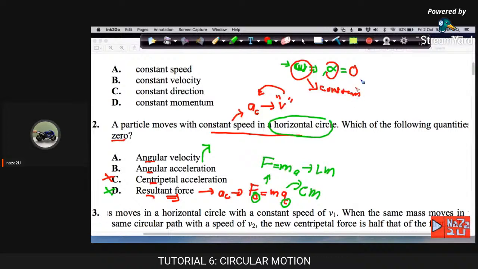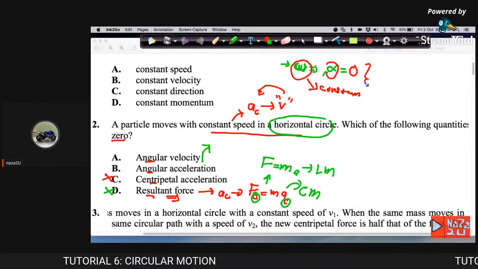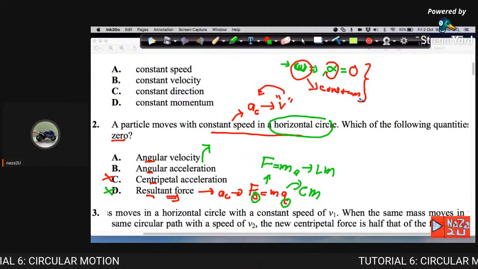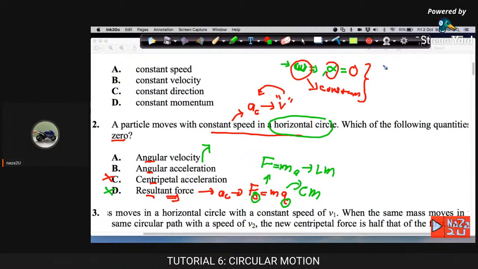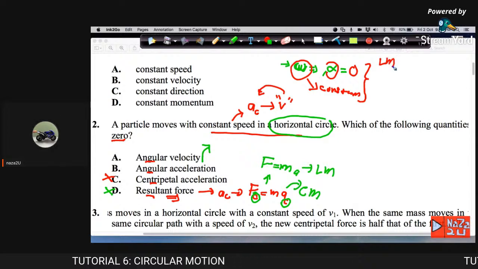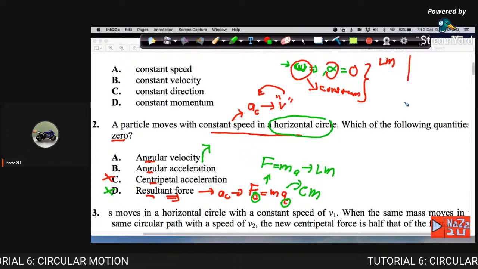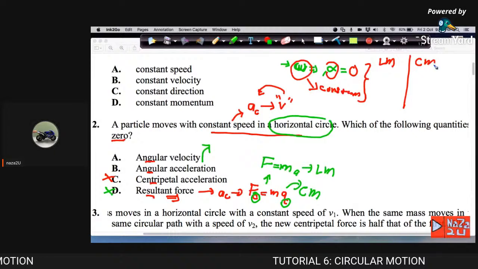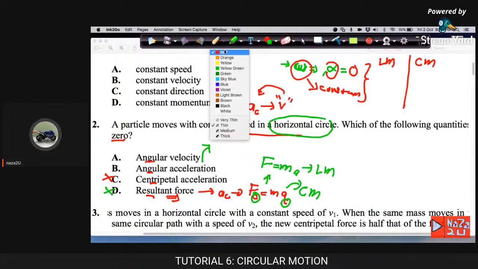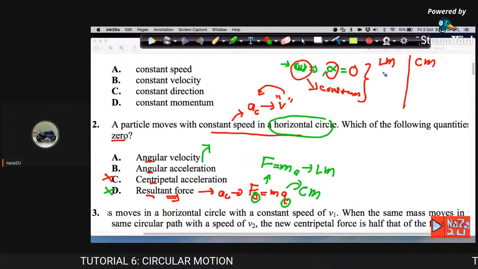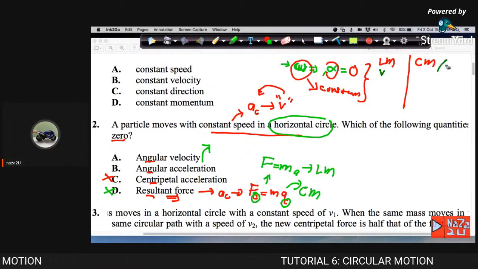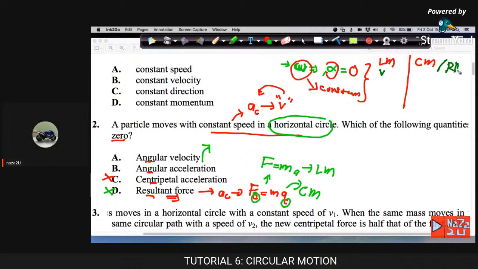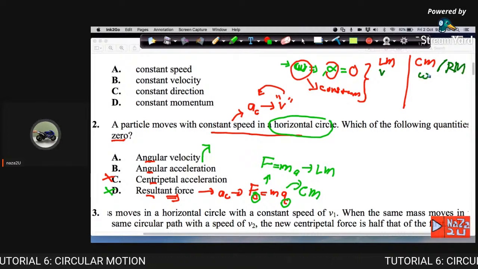Jadi sebenarnya kat sini, kalau kita dah masuk chapter 7 nanti dia lebih jelas. First, kalau kita dalam linear motion, saya buat LM, linear motion, lepas tu kita ada circular motion. Kalau dalam linear motion, we have velocity. Kalau circular motion or rotational motion, this is chapter 7, RM, we have omega, angular velocity.